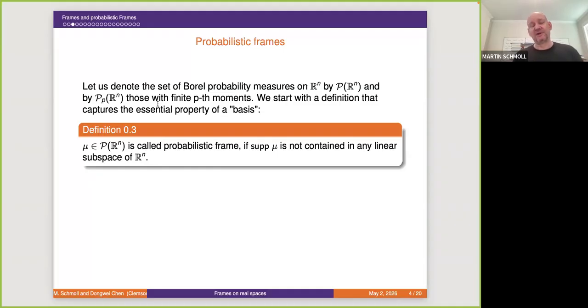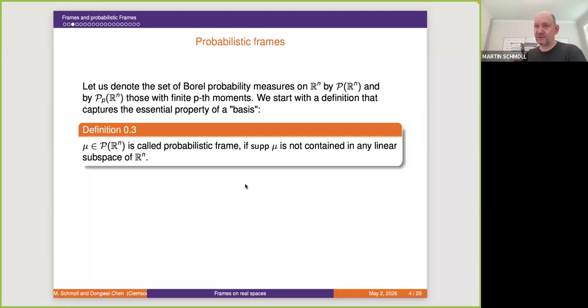That just doesn't work for infinite dimensions, for example, but it works quite well in Rn. So I want a frame to basically capture a basis property. And for measures, I can simply say the support of that measure should not be contained in any linear subspace.